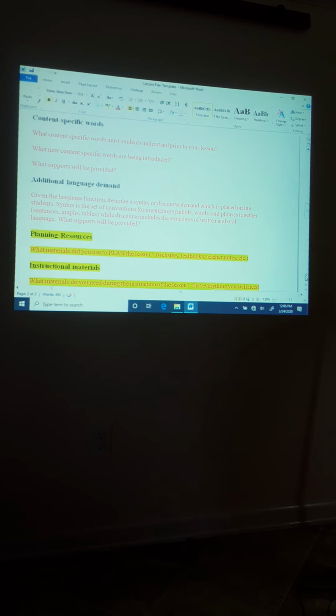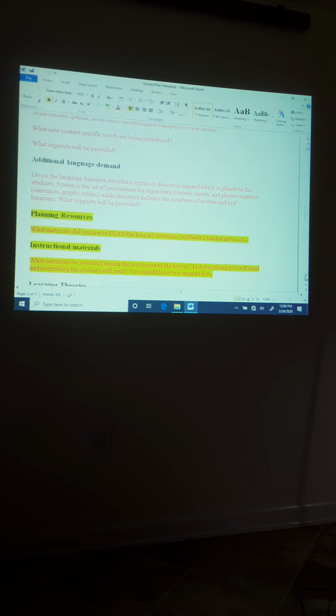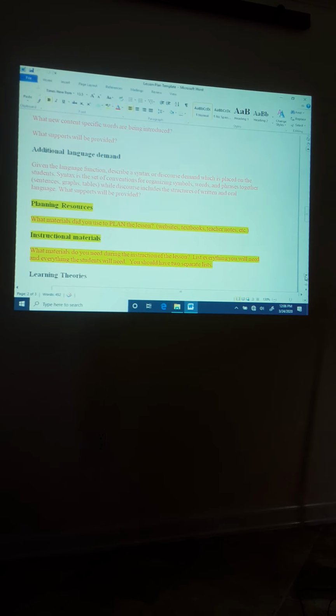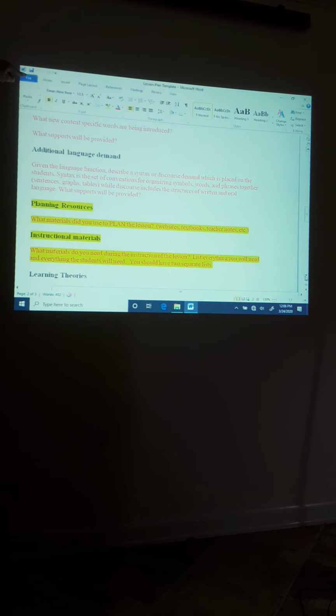Now, this next one tends to be the one that throws everybody a little bit. Given the language function, which is your one word, your verb, your Bloom. Given that, your verb, describe a syntax or discourse demand which is placed on the students, and so on.